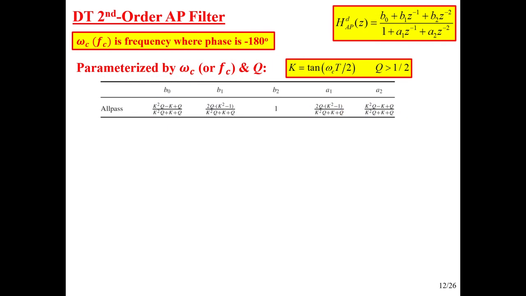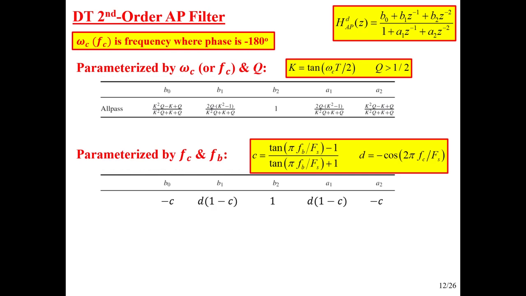You just take your omega c, compute your K, combine it with the Q to form these coefficients, and away you go. It doesn't quite work as nicely as we saw the parameterization between alpha and the cutoff frequency for the first order, which was a nice nearly linear thing.